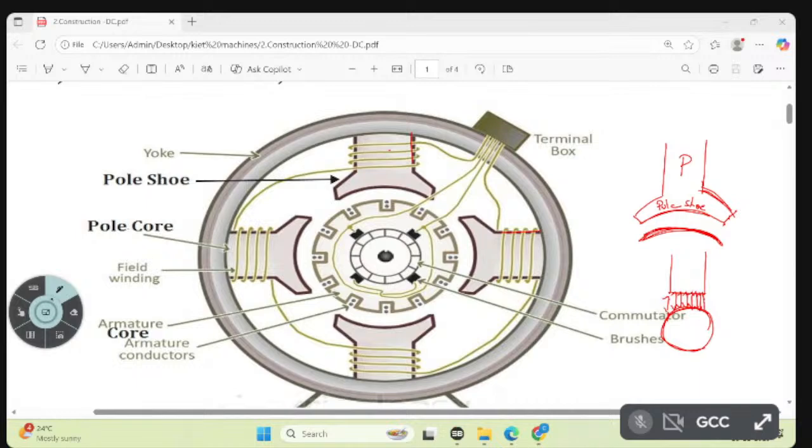The distance between the pole and rotor keeps decreasing, getting minimum, and then increasing again. So what happens? The flux is distributed unequally. So now I am using the pole shoe.